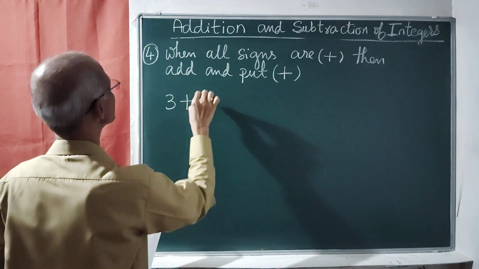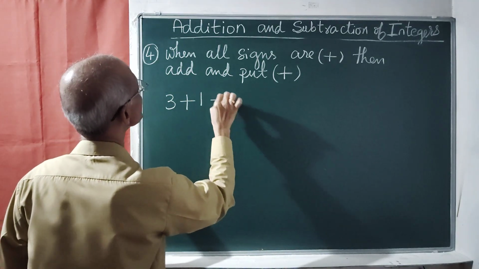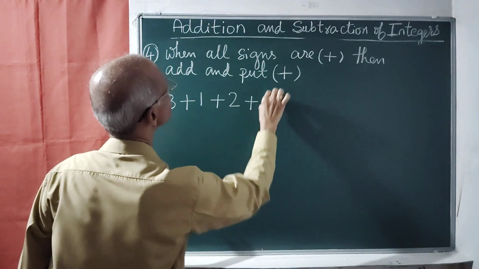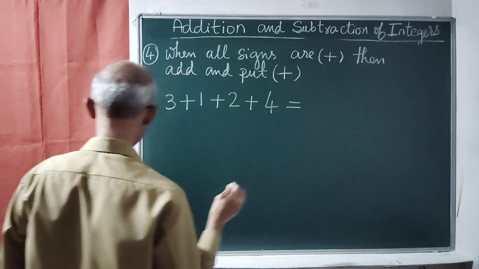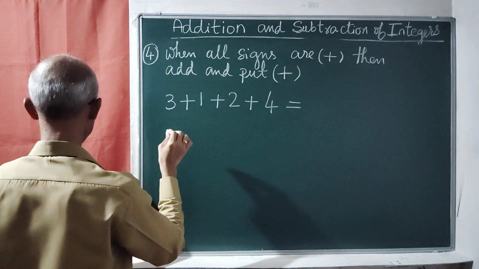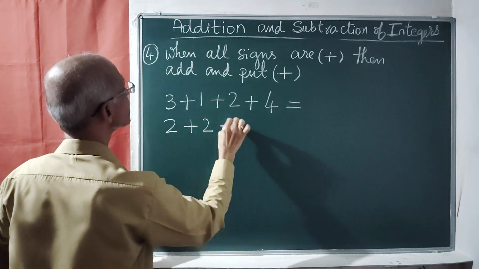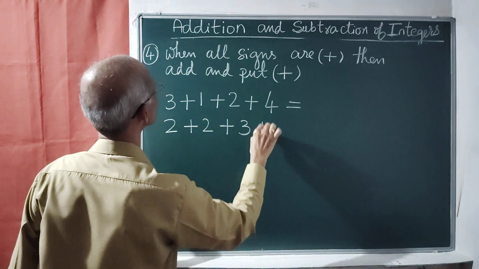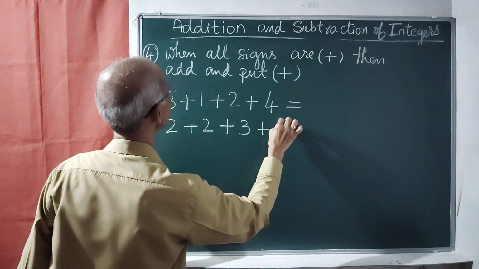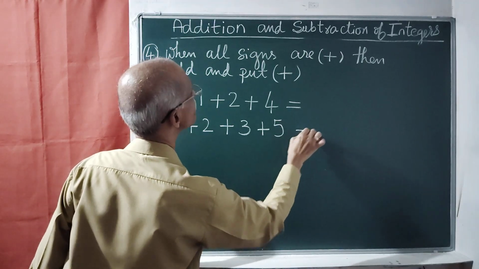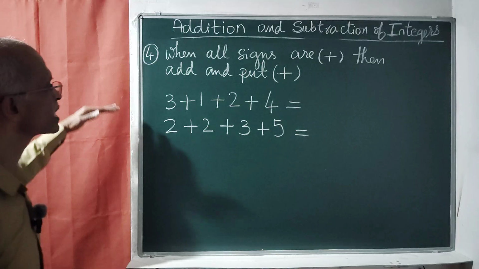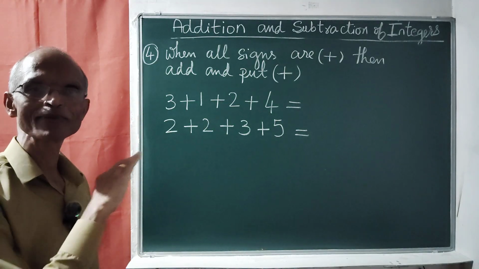Plus 1, plus 3, plus 1, plus 2, plus 4, plus 2, plus 2, plus 3, plus 1, plus 5. I have got so many numbers in a row, all carrying a plus sign.